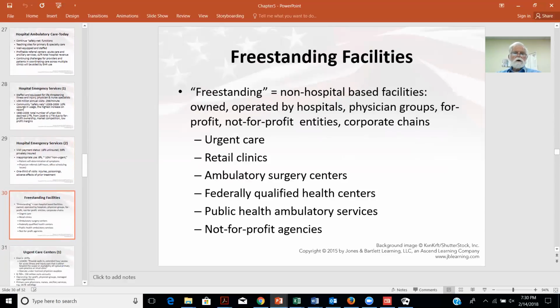Freestanding facilities are often owned and operated by hospitals themselves. They're cheaper to run. Physician groups, some of them are for-profit, some not-for-profit, some part of corporate chains. They provide urgent care, which basically is the part of care that you need to get seen right away.